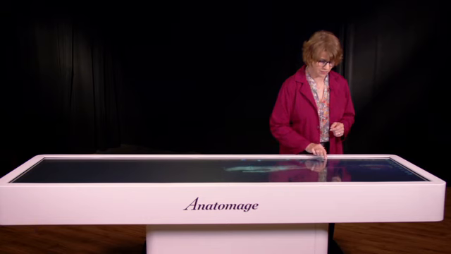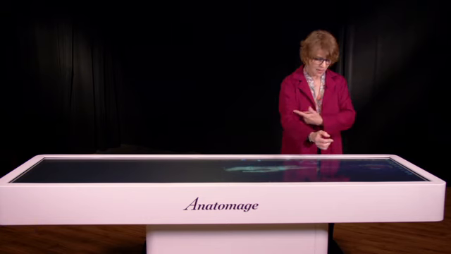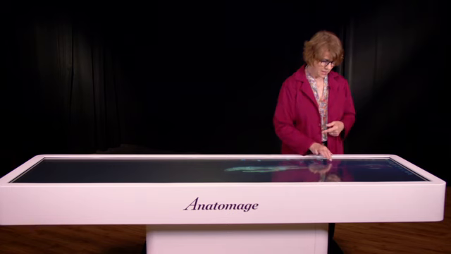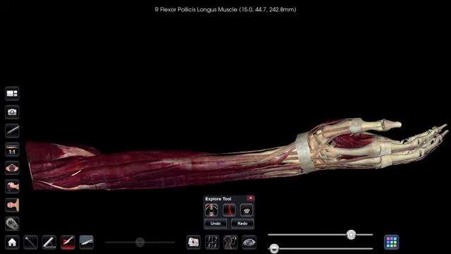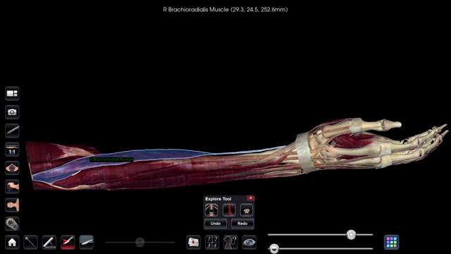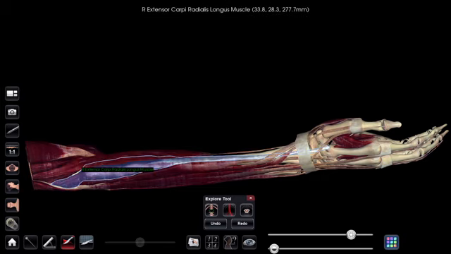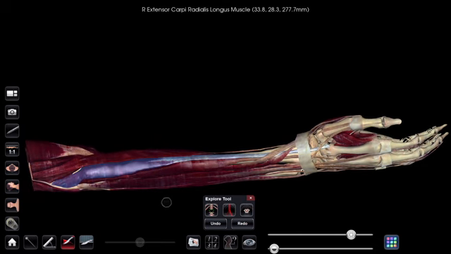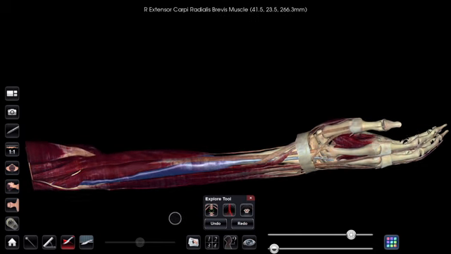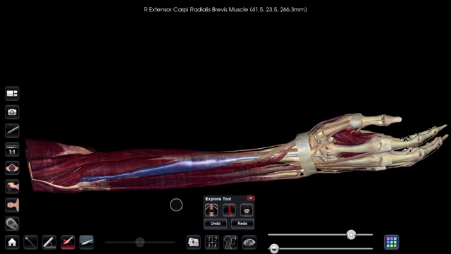Remember, the superficial lateral group can be seen at the edge of the elbow. And it consists of 3 muscles. Let's identify them first. Here's brachioradialis, followed by extensor carpi radialis longus and extensor carpi radialis brevis.